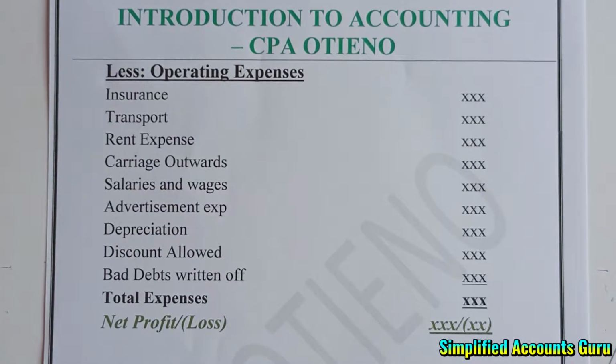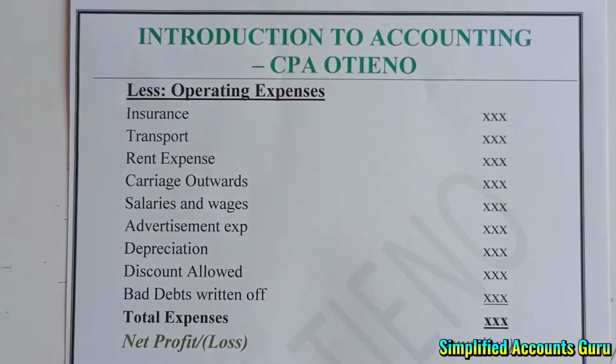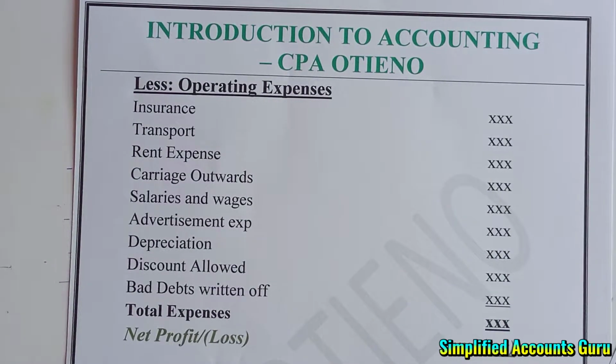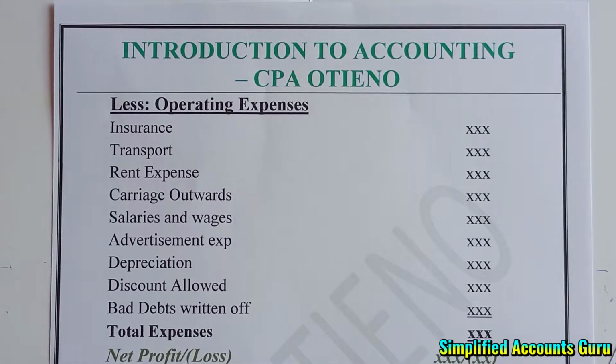After you shall have added the other incomes, then the next thing that you should deal with is the operating expenses. Now we have got some expenses that are not directly associated with the sale of goods. So this is where you need to capture them.